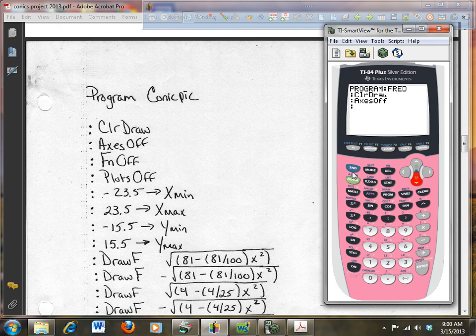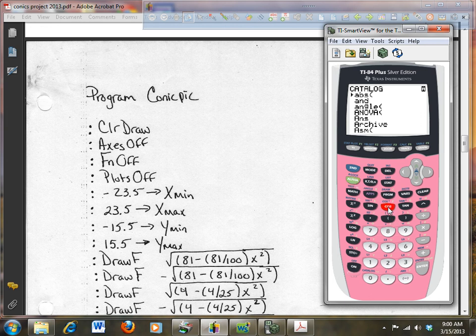Catalog is down here, so you're going to go second catalog, and I want function off. If I type F, press alpha first. Oh yeah, alpha. No, it's automatic. Okay, sorry. F, where's that? Is it FN off?